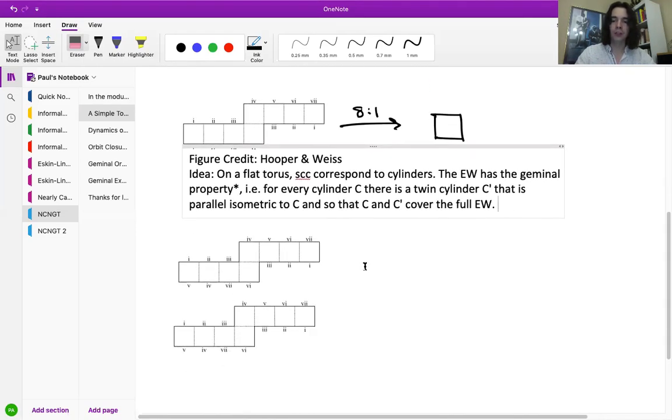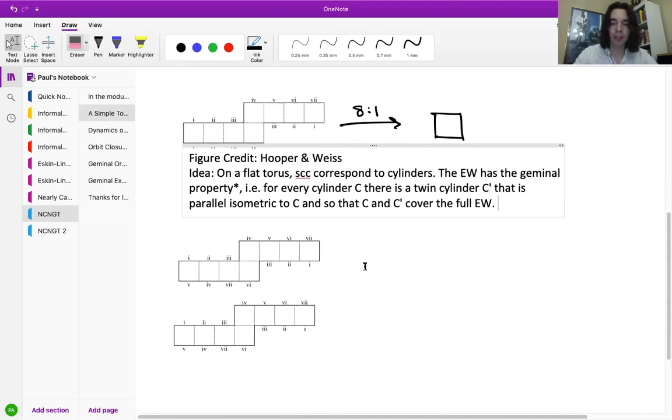Okay, so let's see why this geminal property has anything to do with the question that we just posed. So we said that if I have a flat torus, I could think about a simple closed curve, like this one, as corresponding to a cylinder. How do we do it? We pull the simple closed curve tight in this metric to a geodesic, and then by virtue of having a flat torus, we'll know that the torus is foliated in that direction by parallel curves.